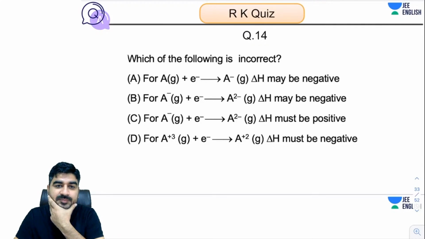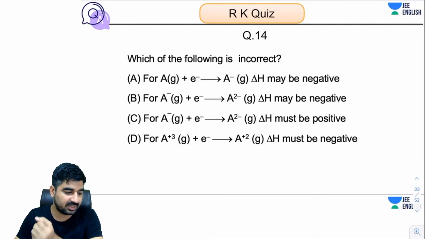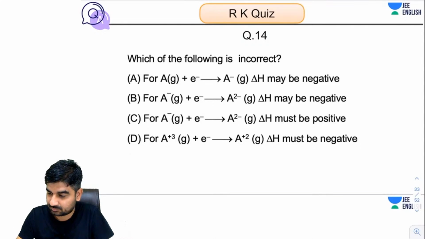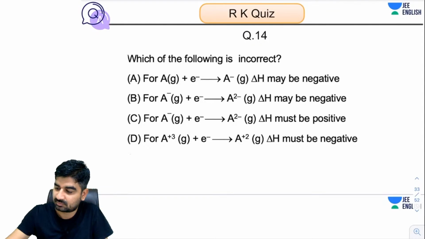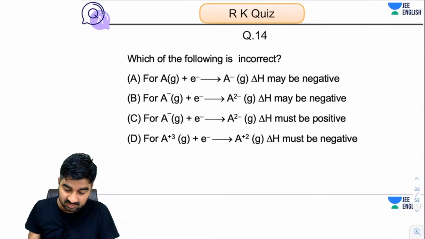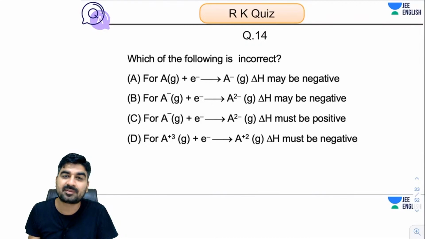One says B, Vinay says A. Okay. Priya says B. So let's see it.